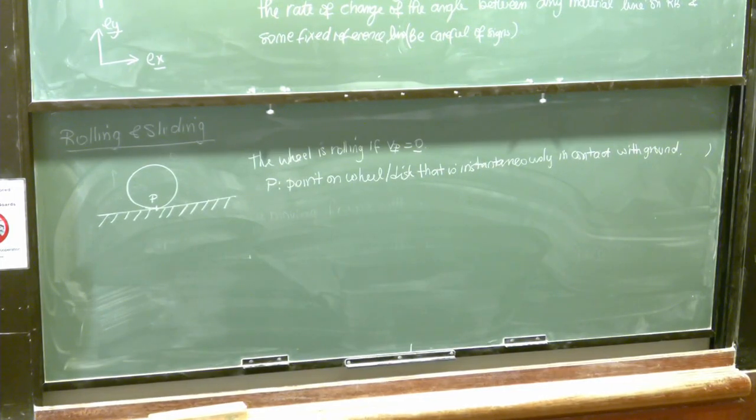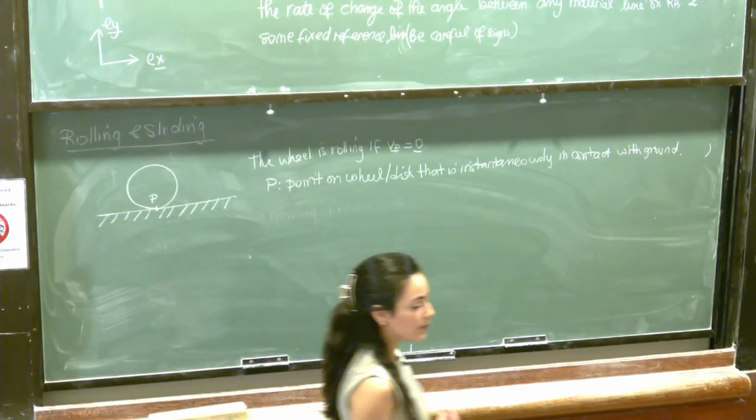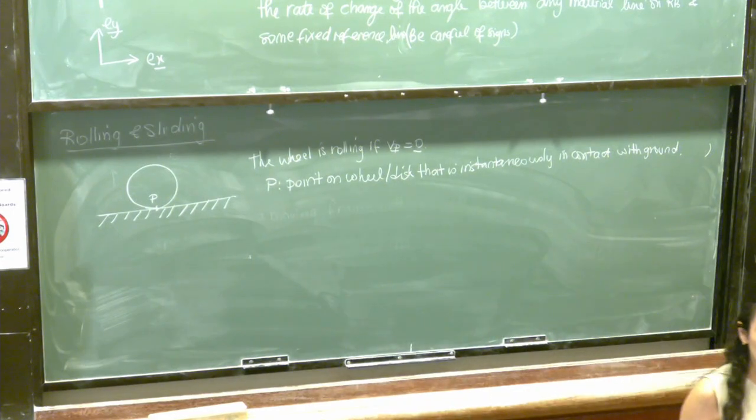Where is the instantaneous center of rotation of a rolling wheel? What do we think? Take a minute, chat about it. Where is the instantaneous center of rotation of a rolling wheel on a fixed surface?